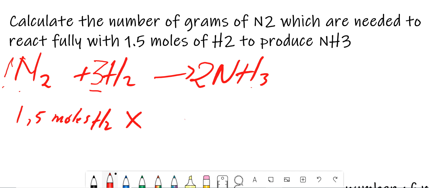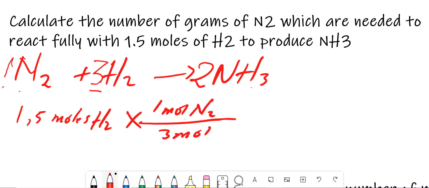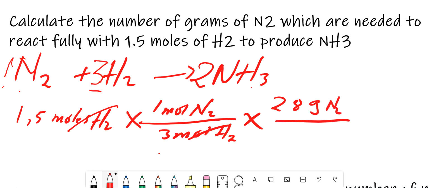So here we have 1 mole of nitrogen divided by 3 moles of hydrogen. This is the mole ratio, then multiply, and this and that will cancel out. Now you have the number of moles of nitrogen, but the question needs grams. So we'll multiply by the molar mass of nitrogen, which is 28 grams of nitrogen over 1 mole of nitrogen.